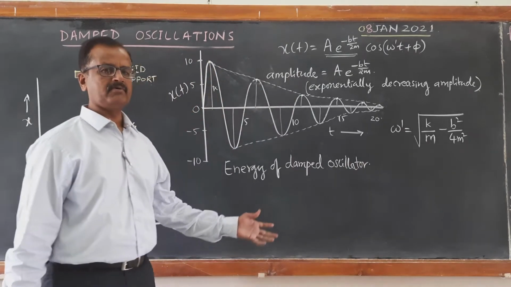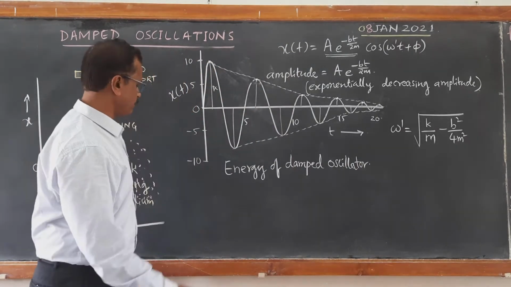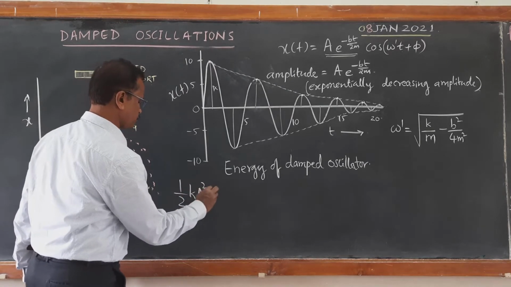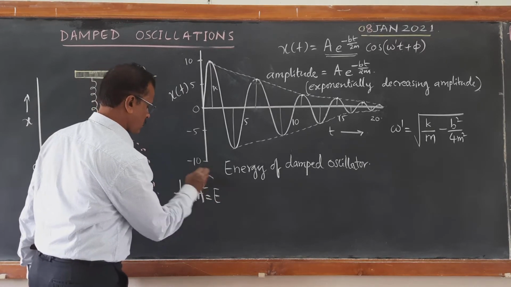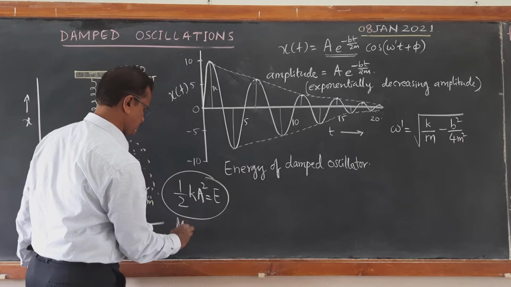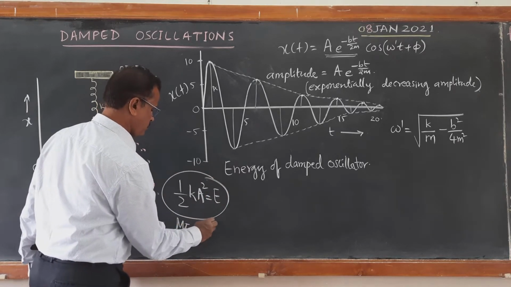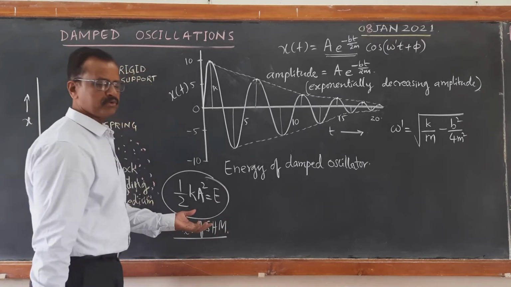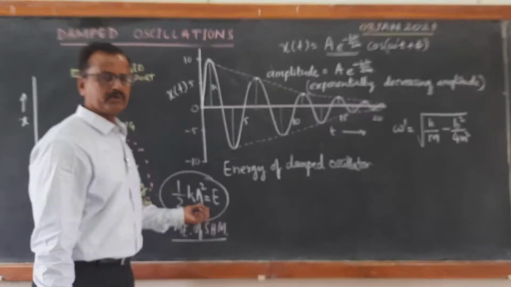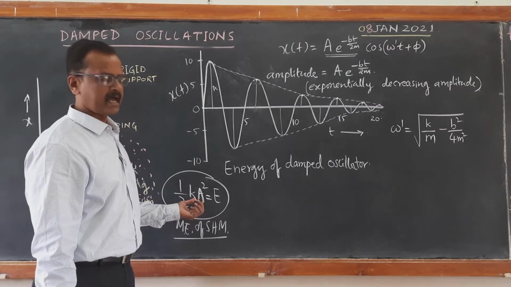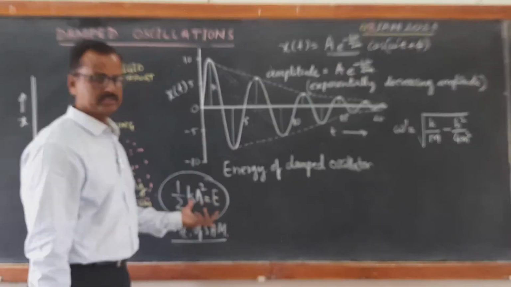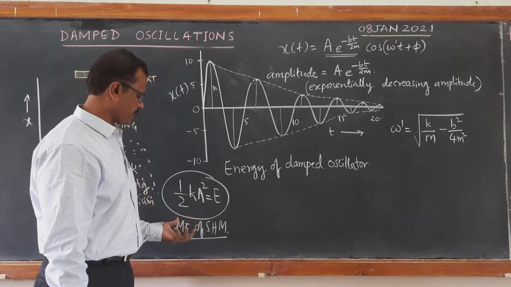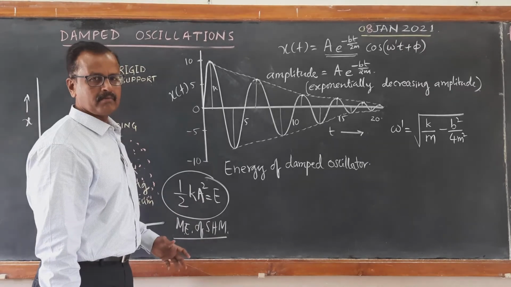Earlier, the energy of a simple harmonic oscillator, if you remember, was half k A square, which was proved to be constant. This is the mechanical energy of simple harmonic motion. The mechanical energy of simple harmonic motion of the body is constant. We have proved that potential energy plus kinetic energy of an oscillating body is always constant, and we got half k A square as the total mechanical energy of a simple harmonic motion.